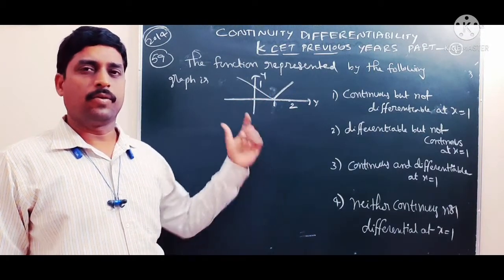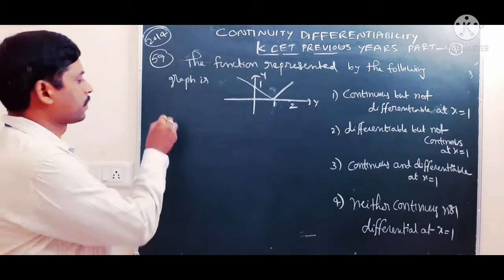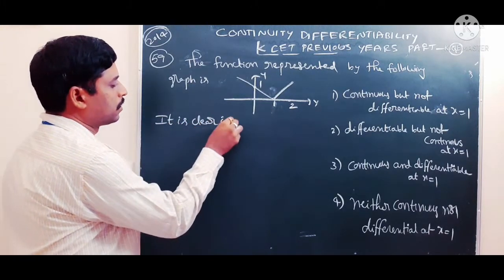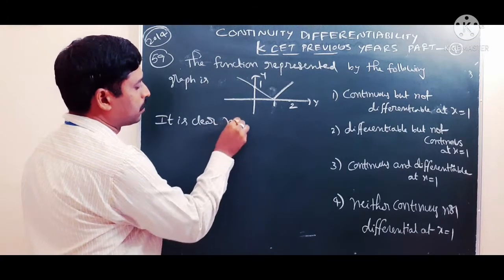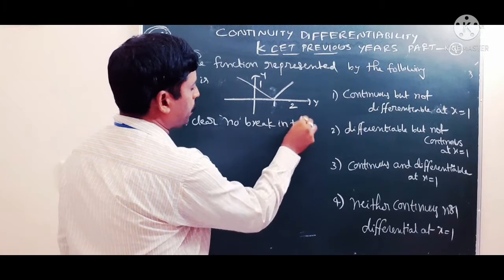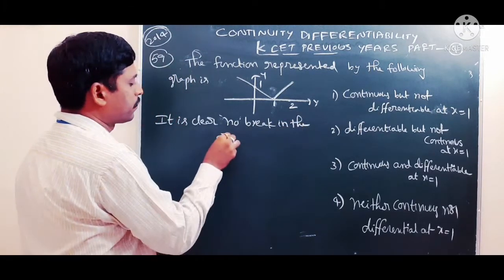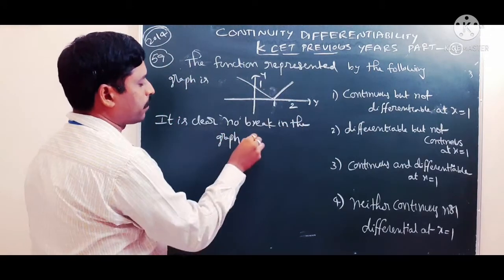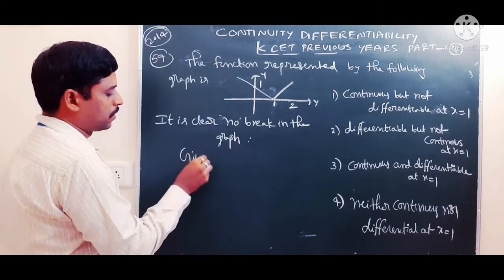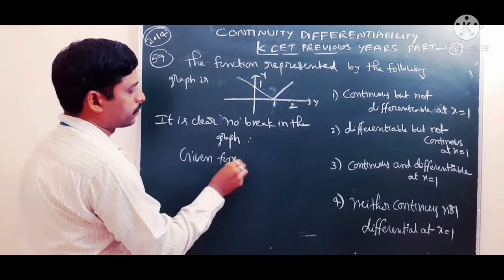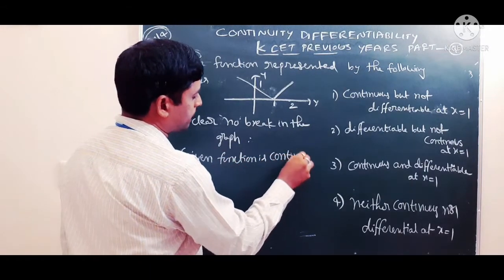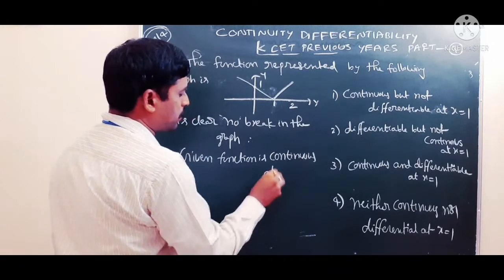It is clear, no break in the graph. Therefore the given function f of x is continuous at x is equal to 1.